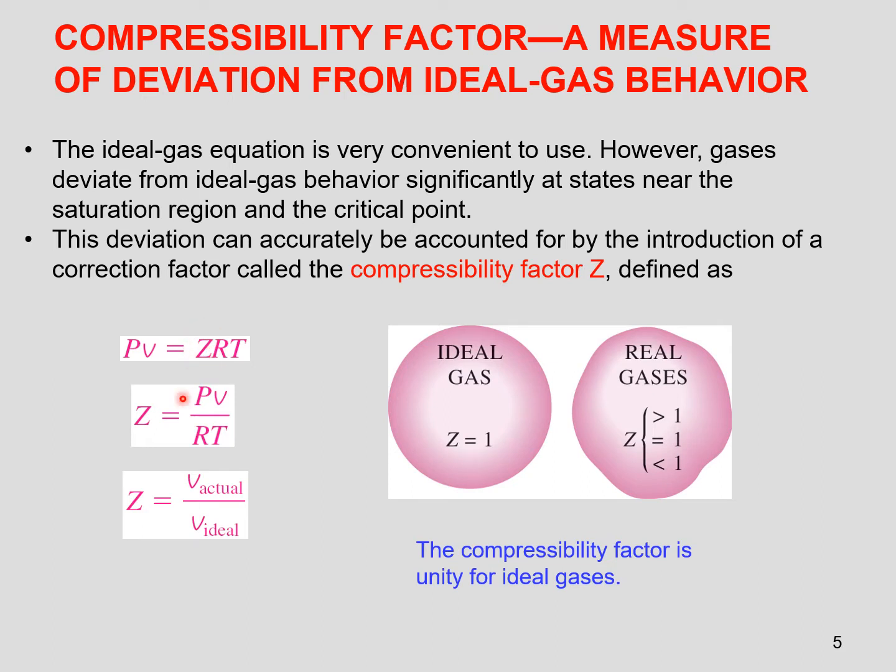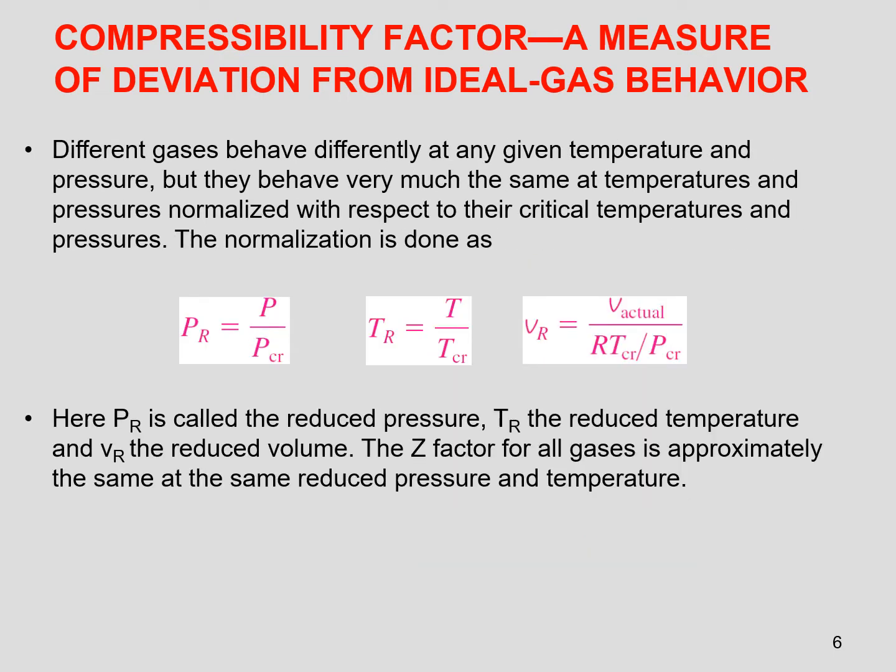So we can solve for Z equals PV over RT. We can also define Z as V actual over V ideal. The compressibility factor is unity for ideal gases, obviously, and it can be bigger than 1, equal to 1, or less than 1, depending on the particular gas and the temperature and pressure.